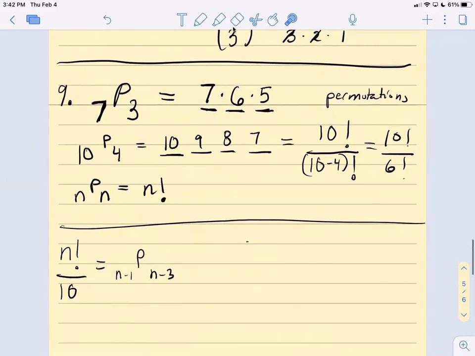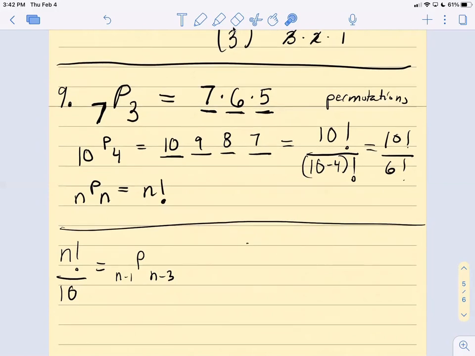Sorry, about 7P3, it's similar to 10P4. Yes, 7P3 would be 7 factorial over 4 factorial, because it's 7 times 6 times 5. Is that what you meant? Okay, good. So (n minus 1)P(n minus 3) is a little bit tricky.